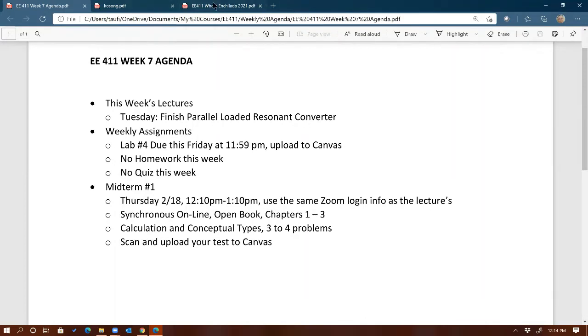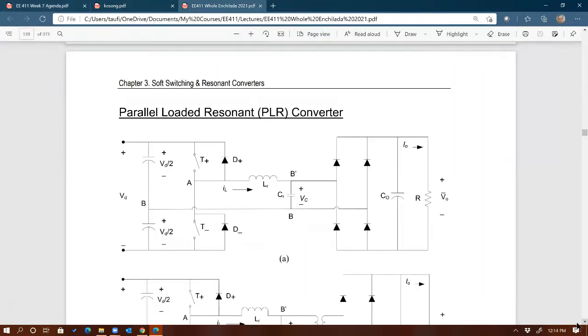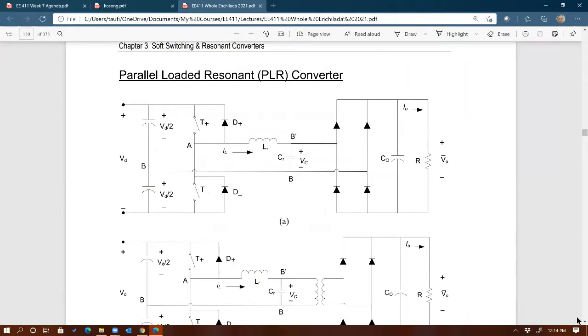Okay, if not, let's finish our chapter 3, parallel loaded resonant. You can see it looks similar to series loaded resonant, right? Except you can see the LC tank is not a series tank anymore, but it's parallel with respect to the load. Right, here's our load. Right here, right?